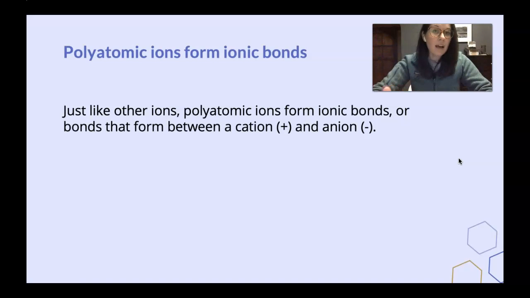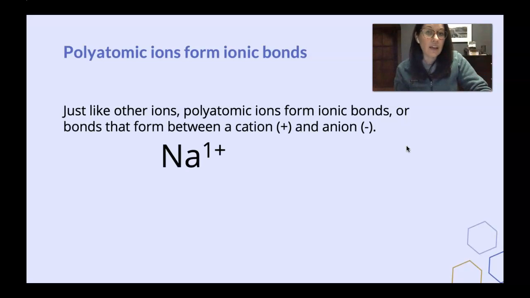So polyatomic ions form ionic bonds. So even though the bonds within the polyatomic ion are covalent bonds, when these are as ions, they will form ionic bonds with other ions. So anything between a cation and an anion, that attraction between opposite charges will create our ionic bonds.